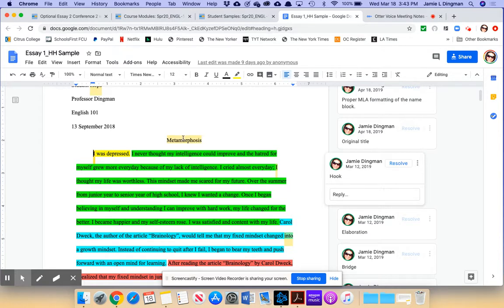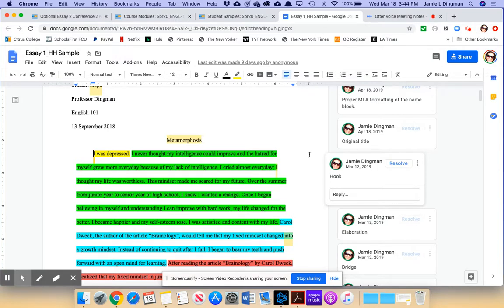All right. Now there's 4 pieces to an introduction: a hook, an elaboration, a bridge, and a thesis. So the hook is that first thing that grabs the reader. The elaboration are bits of information that come after the hook that elaborate on the hook. Okay. For more information about introductions, please see my information on introductions in the parts of an essay page in this essay module, or in the writing resources module.